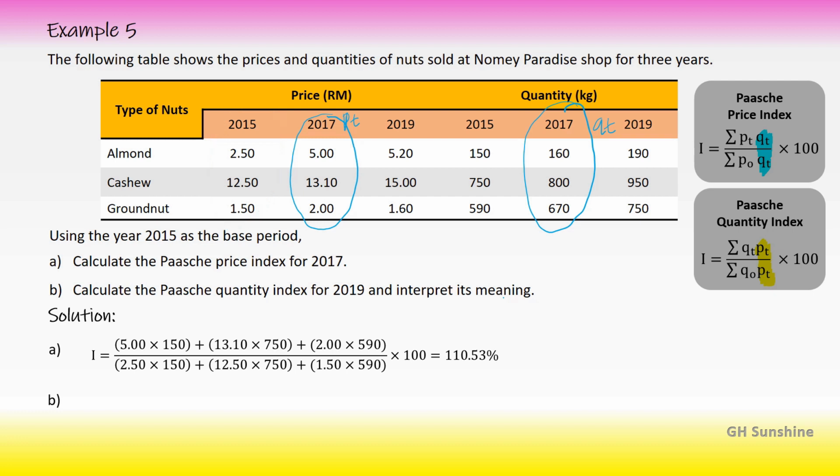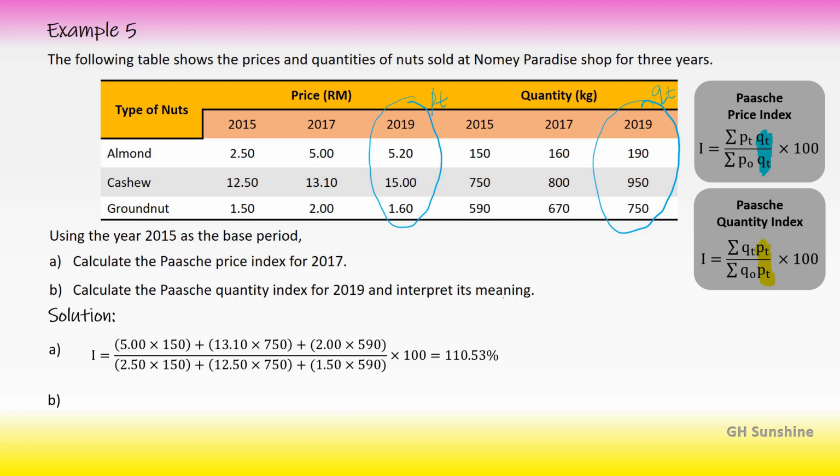Okay, so first erase what we have done before. Focus on question B. PT 2019. So 2019 here is PT. Then QT 2019, QT and Q naught.